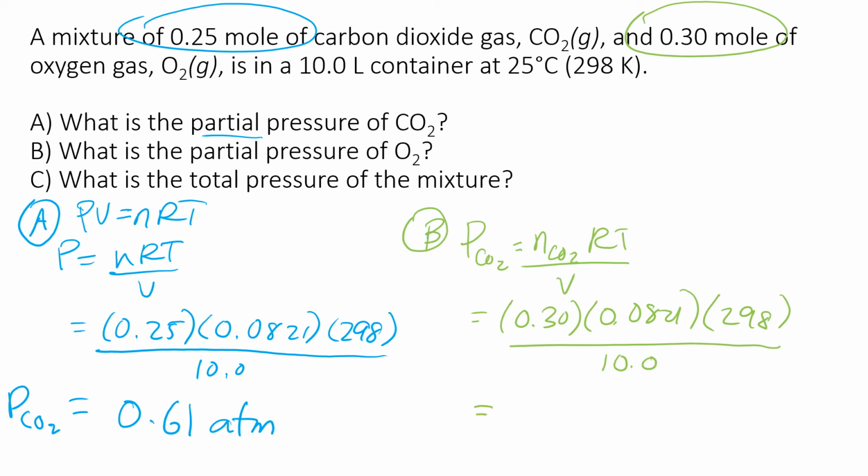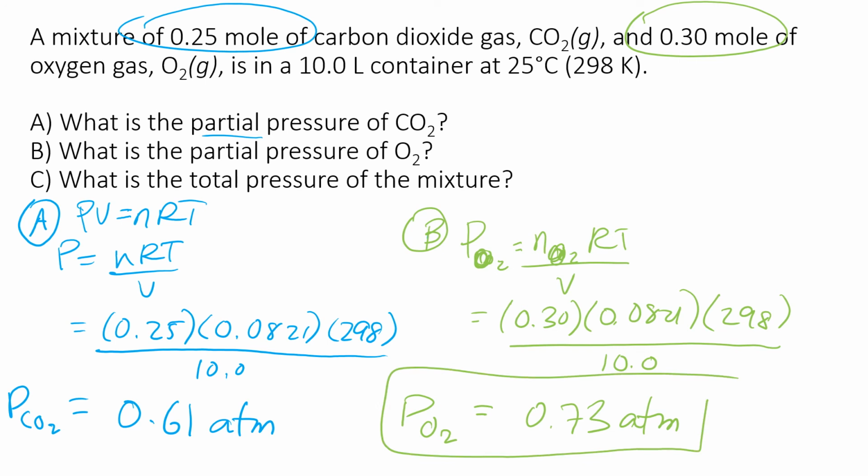So 0.3 times 0.0821 times 298 divided by 10, 0.73 atmospheres. Sorry, this is pressure of O2. My bad. So this is my answer for B. This is the pressure of A.